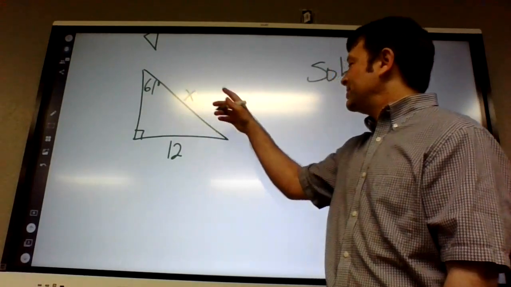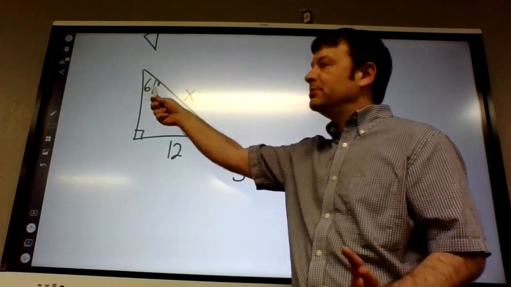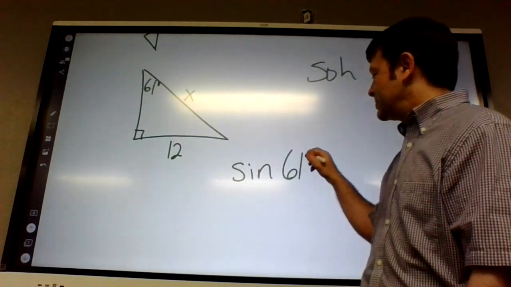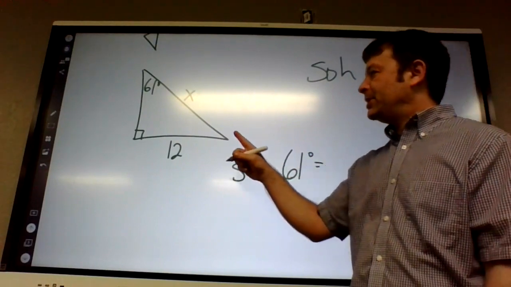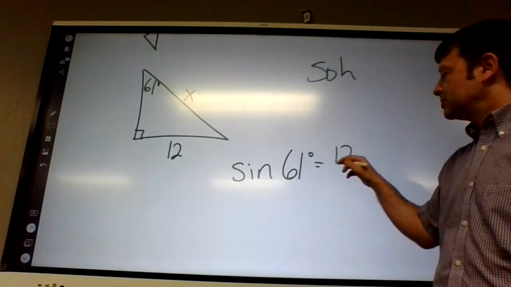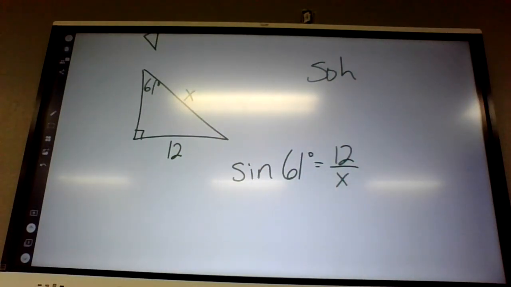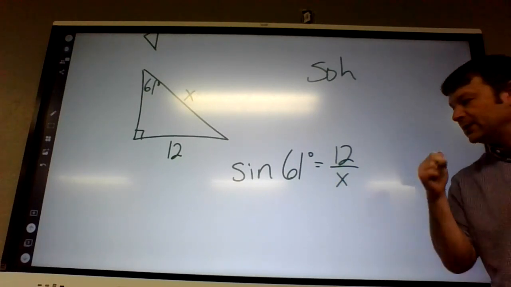So that means sine of the angle, you feed sine the angle, and it spits out the ratio opposite over hypotenuse. Okay, how did we solve this for x last year? Cross multiply. Kind of.